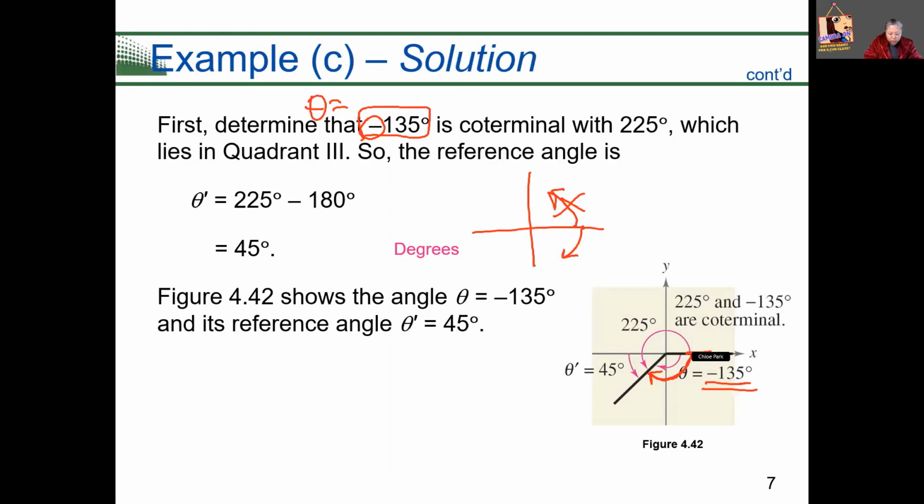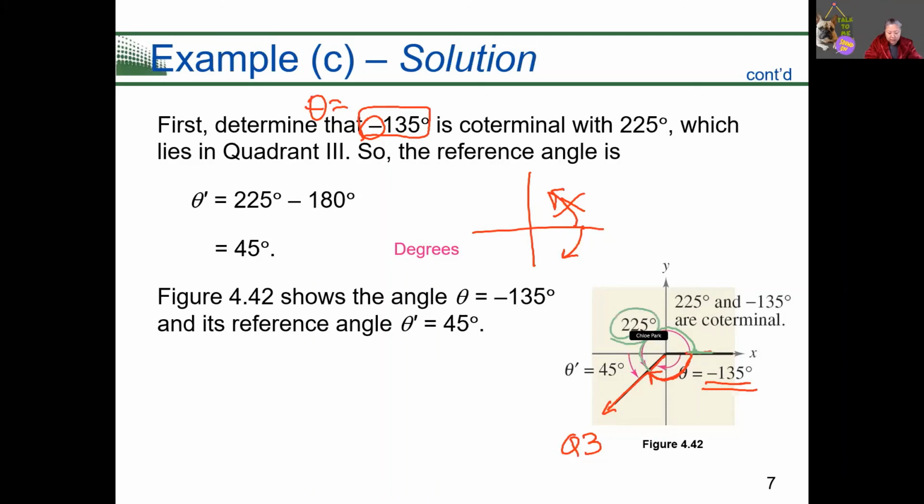So I know for sure my terminal side is in quadrant 3. Then, to calculate the reference angle, based on the definition, we are using the standard position again. Instead of -135, I'm using +225 from the initial side, going counterclockwise 90, 180, and then 45 further.